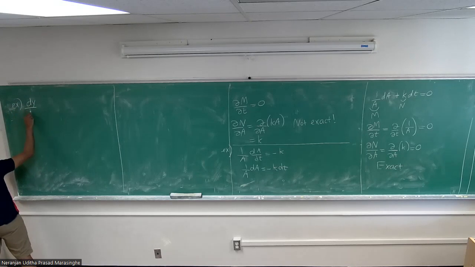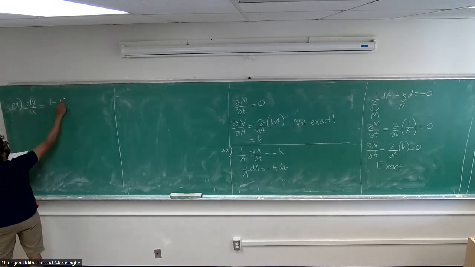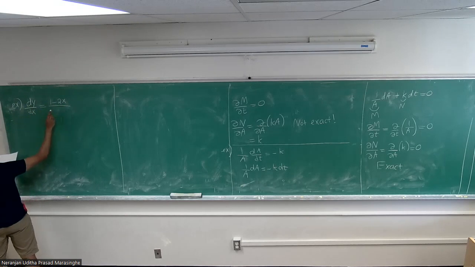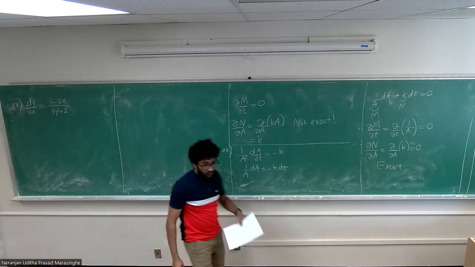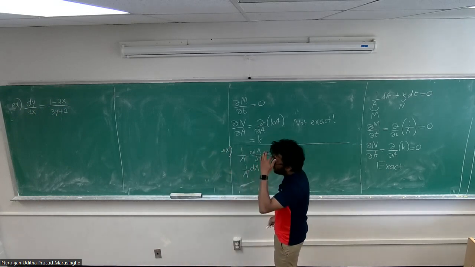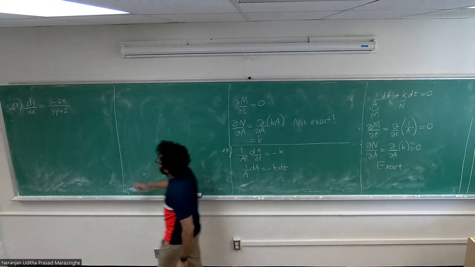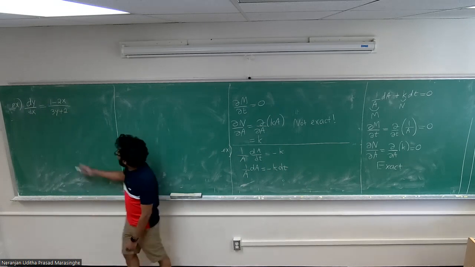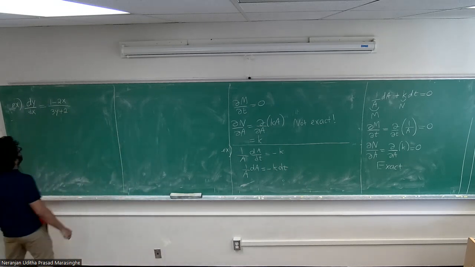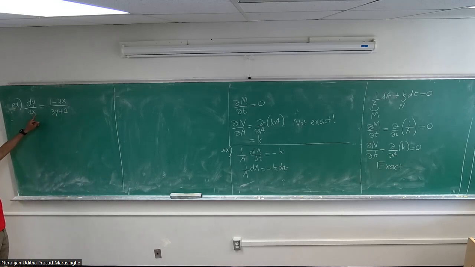consider dy/dx equals (1 - 2x)/(3y + 2). Okay. So remember that x cannot be equal to 1/2, and y cannot be equal to negative 2/3.